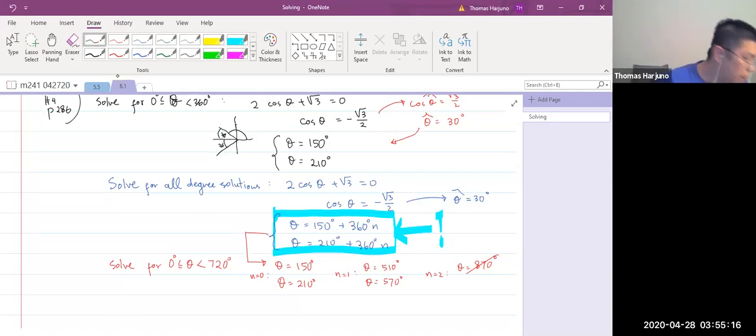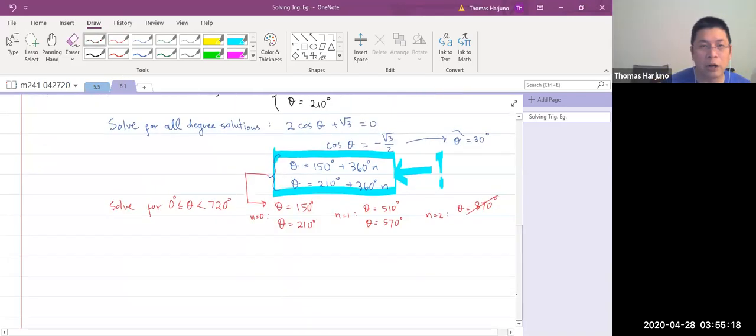Now, how about if we want the solution in radian? Let's say, for example, question number 10. For t between 0 to 2 pi, solve 5 cosine t plus square root of 12 equals cosine t.